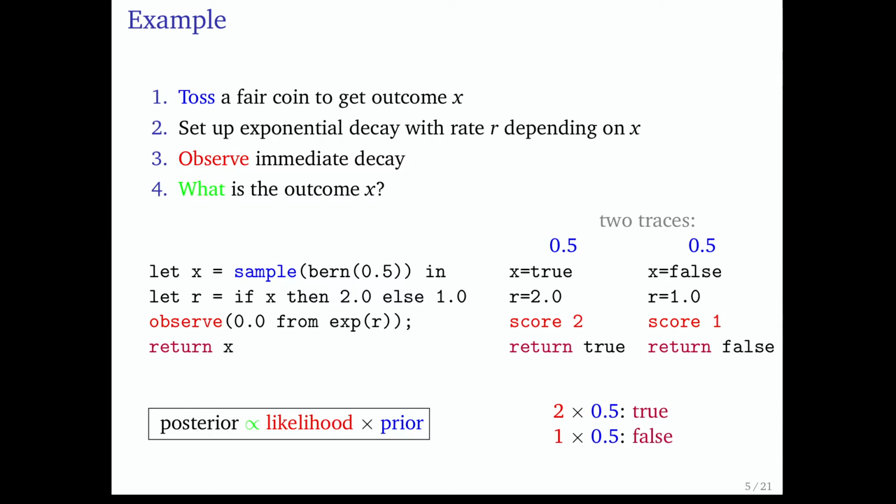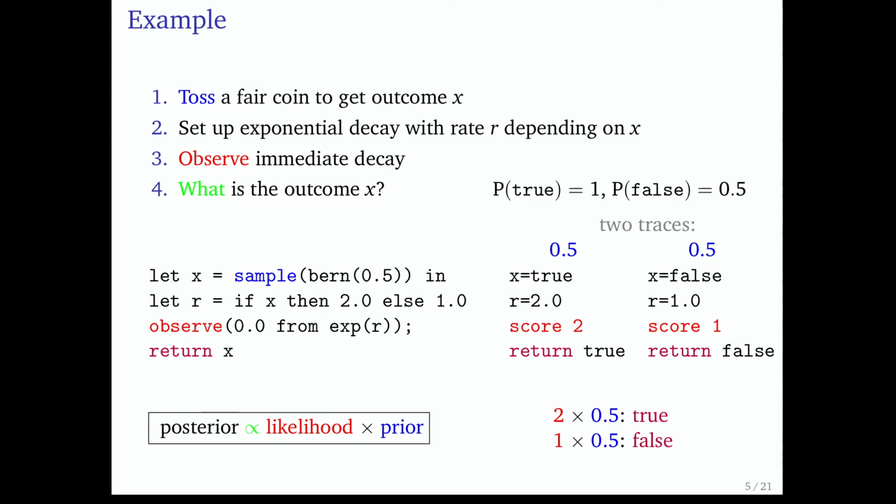Okay, so here's my slogan: posterior is proportional to likelihood times prior. Here we have our likelihood and our priors. So this is the posterior, the measure at the end, except that it's not really a probability measure. If I take this at face value, the probability that x was true is going to be 1, and the probability it is false is going to be a half.